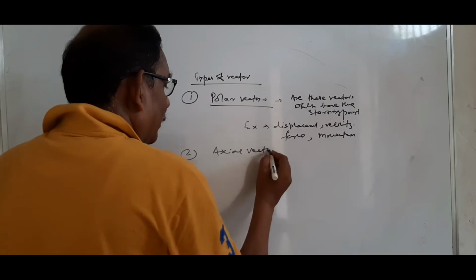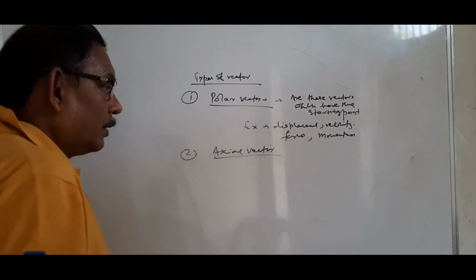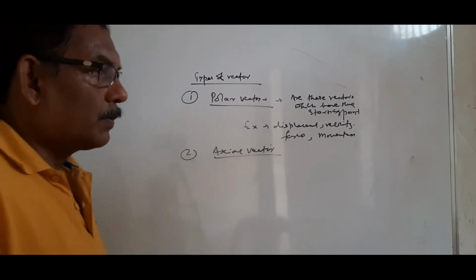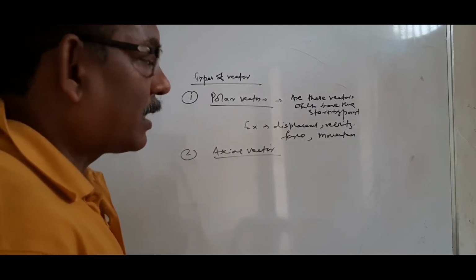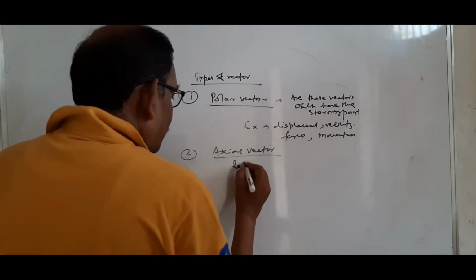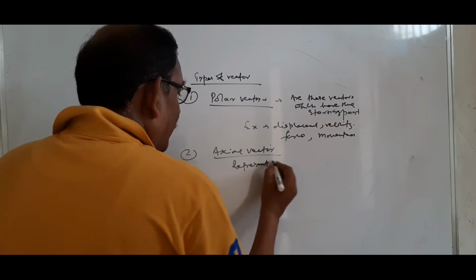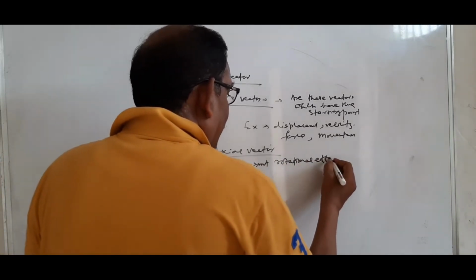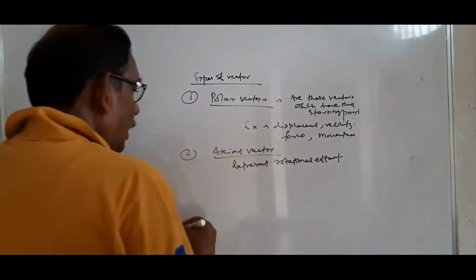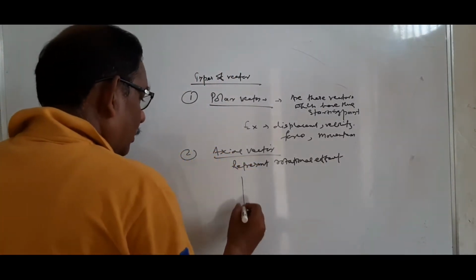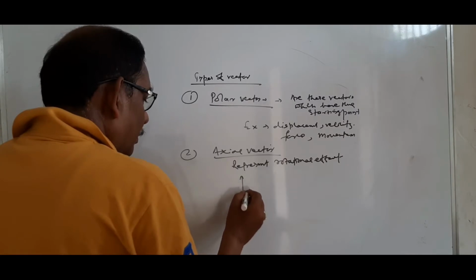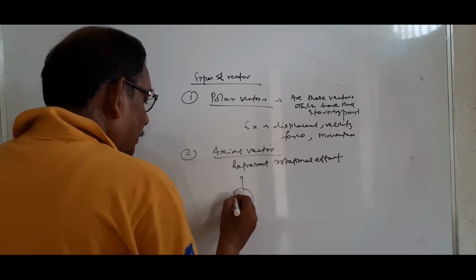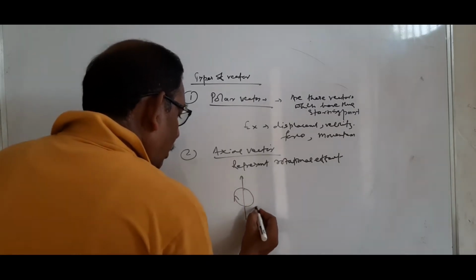Second one is axial vector. What is actually an axial vector? Axial vectors are those vectors which represent the rotational effect about an axis of rotation. So the movement is like this, it is your clockwise.